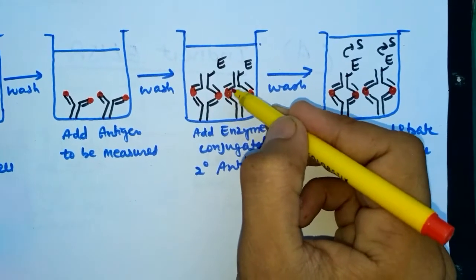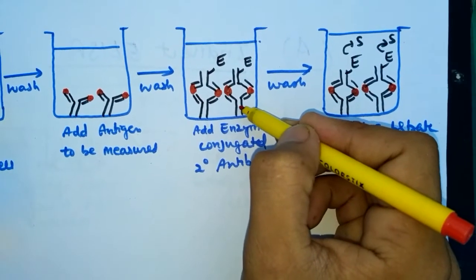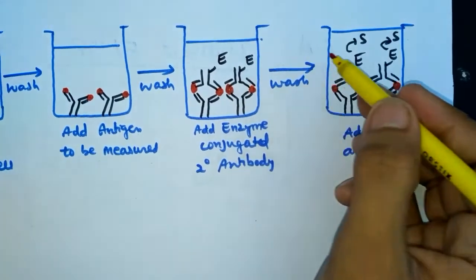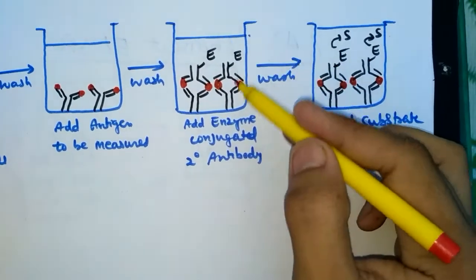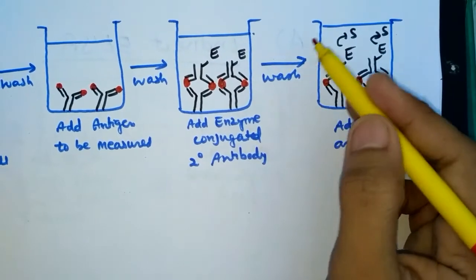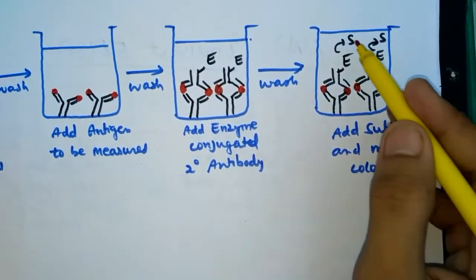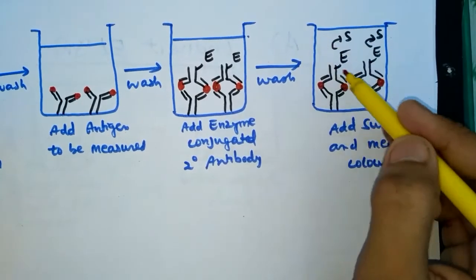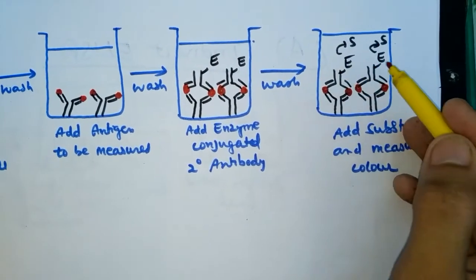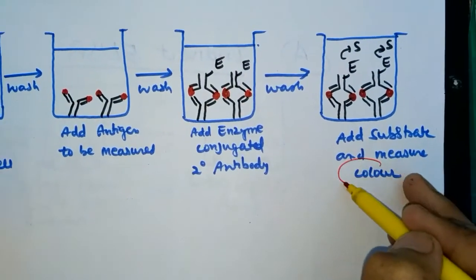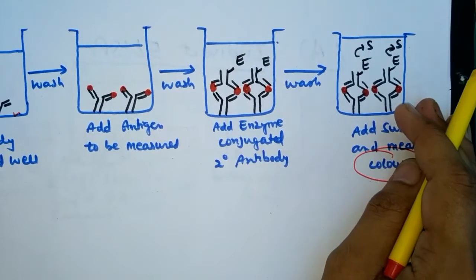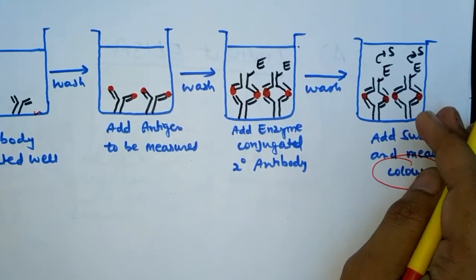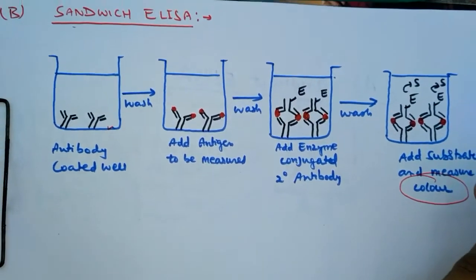Here the antigen is sandwiched between primary and secondary antibody. Then we again wash with distilled water and the unbound antibodies are washed out. Then we add a substrate that upon reaction with the enzyme will produce a color, and the production of color will estimate the presence or absence of the antigen.